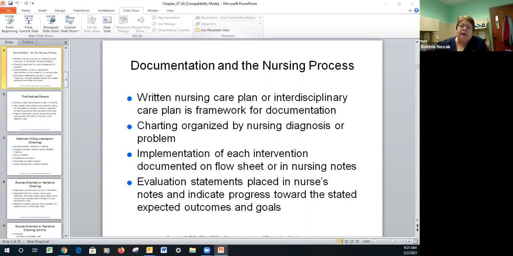And we do indicate progress towards expected outcomes in the nurse's note. So if you have an intervention in your care plan that says that your patient will remain continent for the time they're awake, okay, then you need to document whether they were continent or incontinent in your nurse's note.